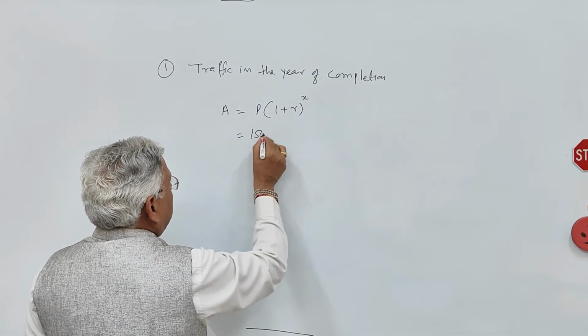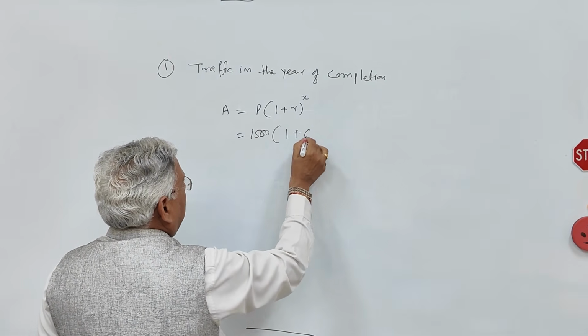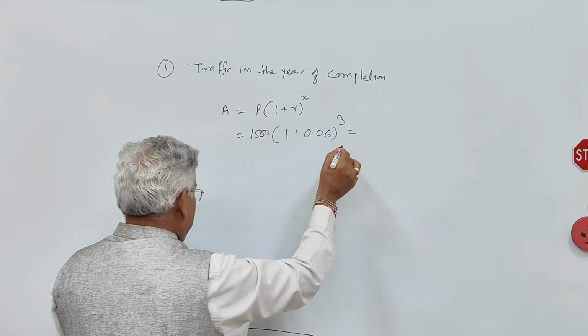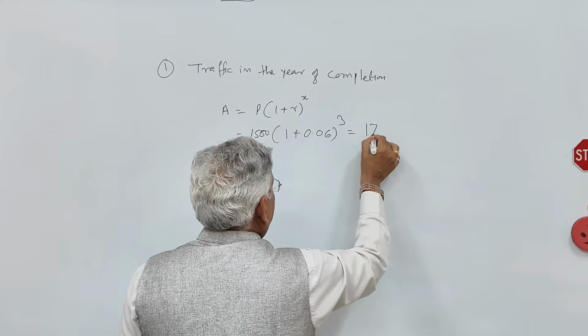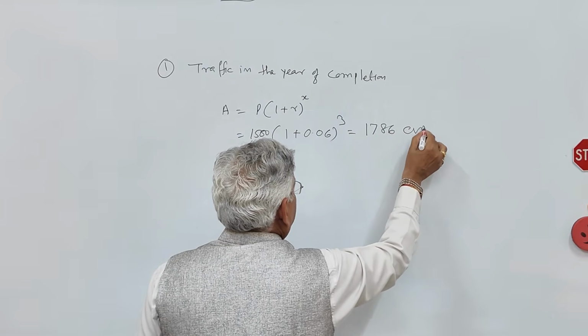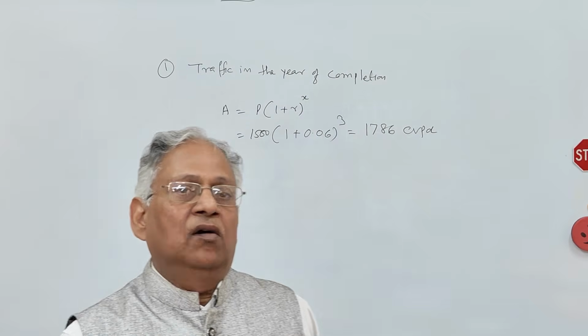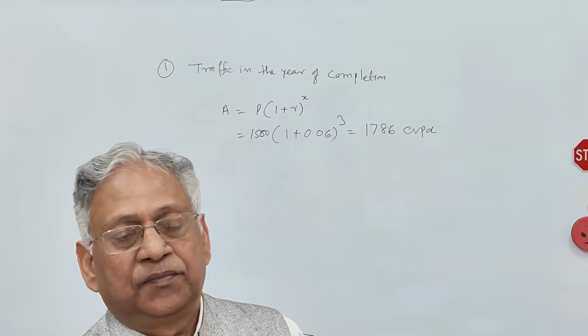Now P is 1500, R is 0.06 and X is 3. So this is 1786 commercial vehicles per day. This is the traffic at the end of completion of the project.